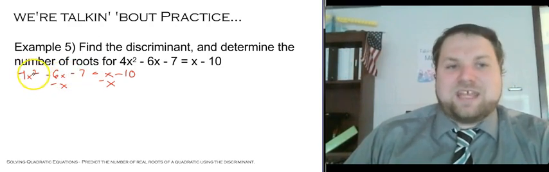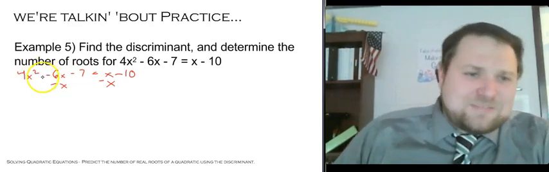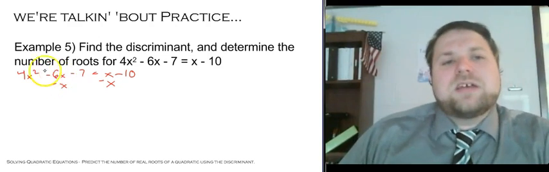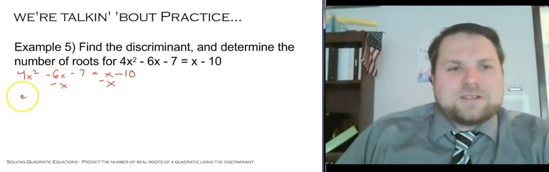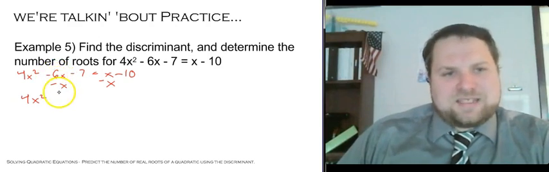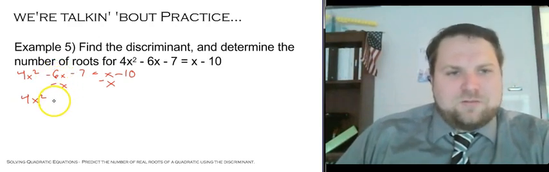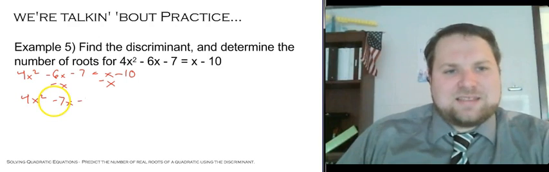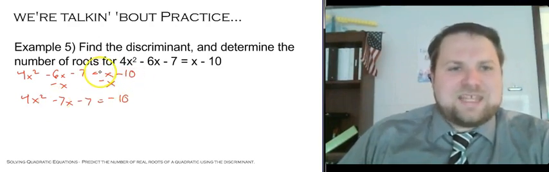I can't subtract it from the x squared because these have different variables. I can only subtract it there. So I end up with 4x squared, negative 6 minus 1 would be negative 7x, minus 7 equals, and over here I just have a negative 10 because these cancel out.